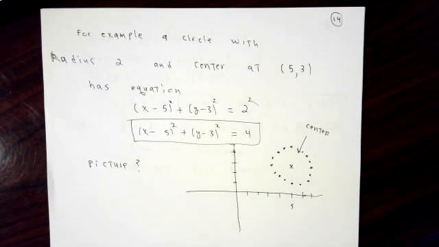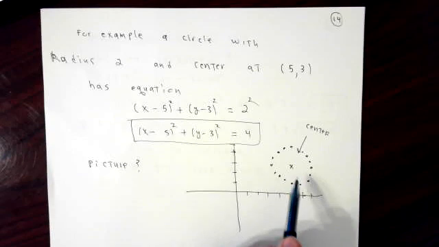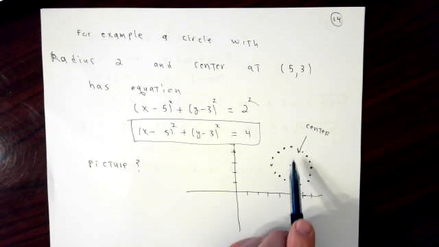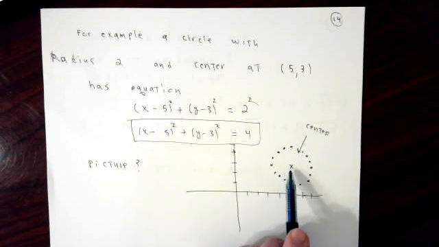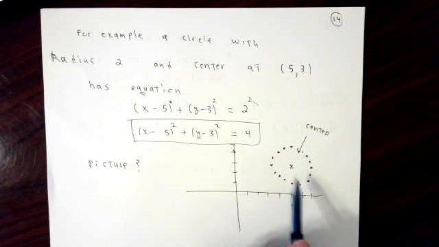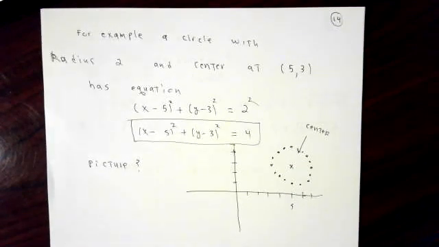Obviously, you can draw a lot of points in. My y-coordinate here is 3. If I lower it by 2, go straight down, I'll have this point, or starting at the center, go up by 2, or to the right by 2 units, or to the left, or off at any of a whole bunch of possible angles.